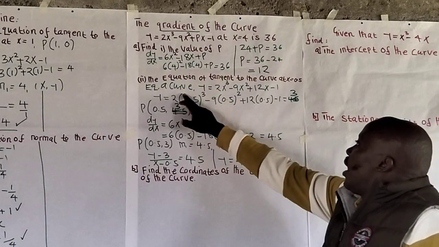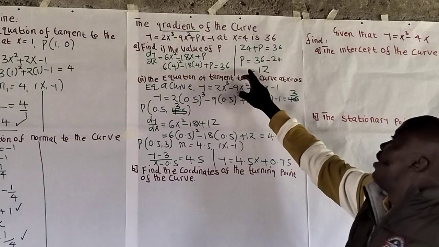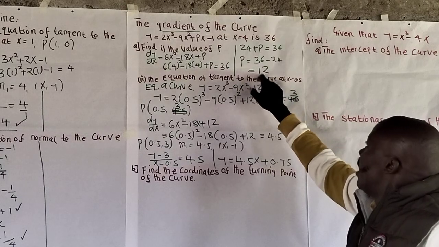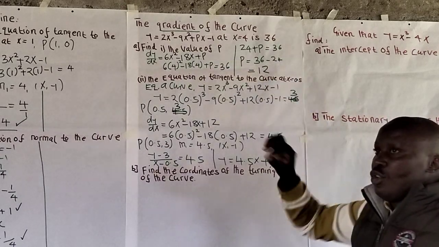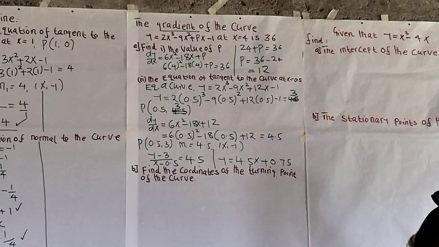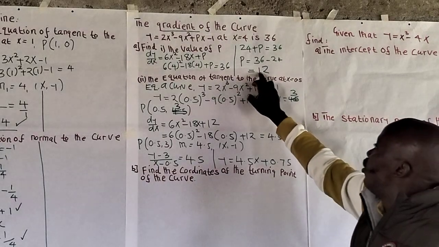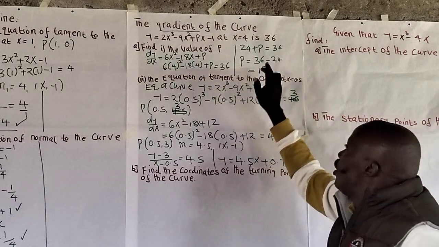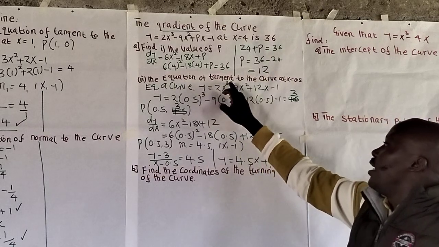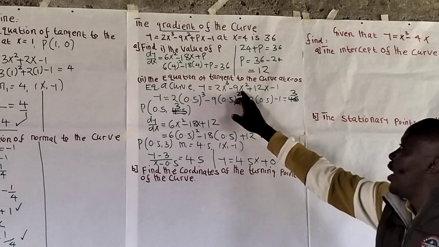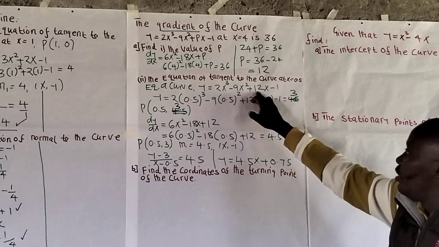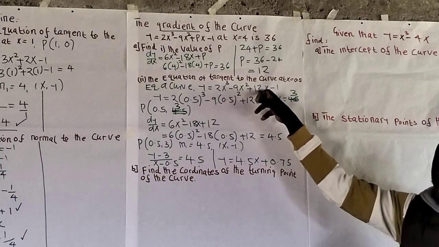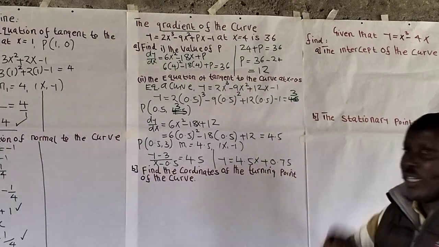So for the equation of the curve, step 1: since we were supposed to find the value of p as 12, you write the equation of the curve. After getting the value of p, it will be 2x raised to power 3 minus 9x squared plus 12x, minus 1.